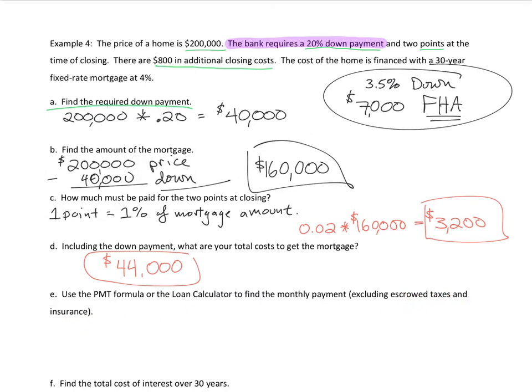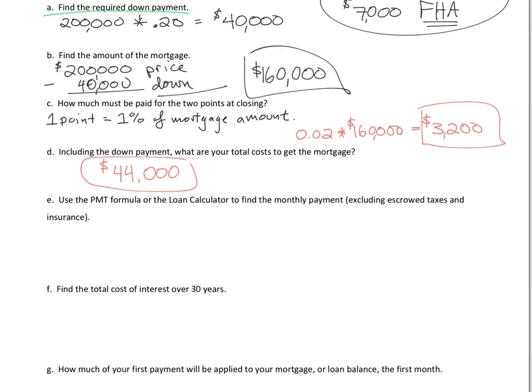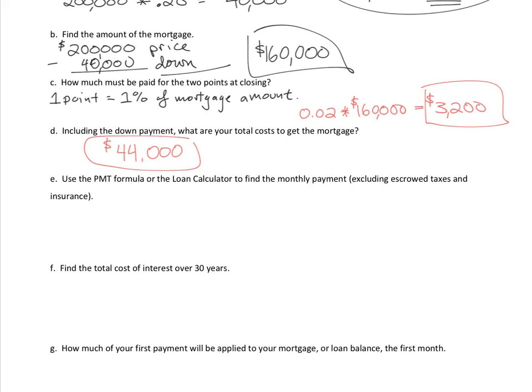So let's see here. I'm going to move it up about that far. All right. So I'm going to list everything that I know about this particular scenario. So here's everything about the scenario that we need to figure out a payment.